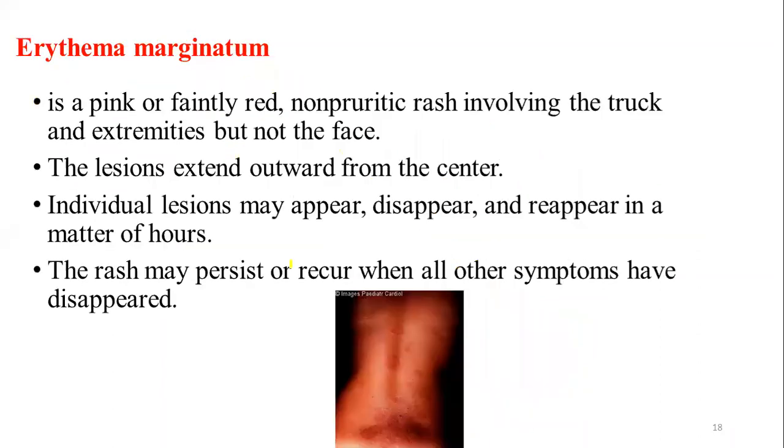Okay, then the next major manifestation is erythema marginatum. This is characterized by a pink, faintly red, non-pruritic rash involving the trunk and extremities, but not the face. As you can see, it seems like a lesion of Tinea versicolor. Here you can see the pink and faintly red rash on the extremities.